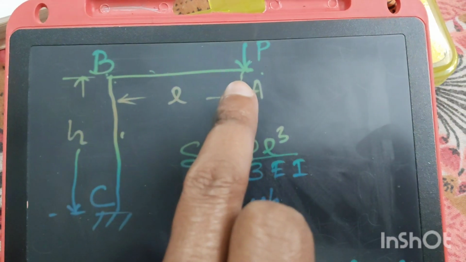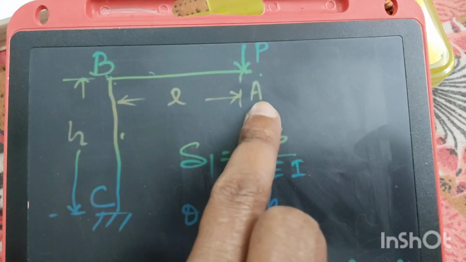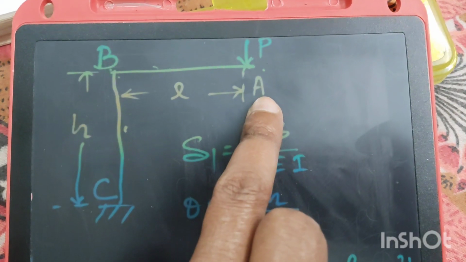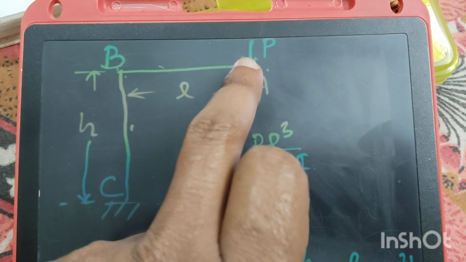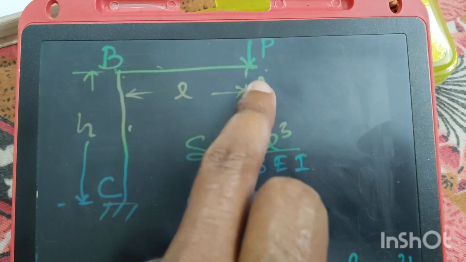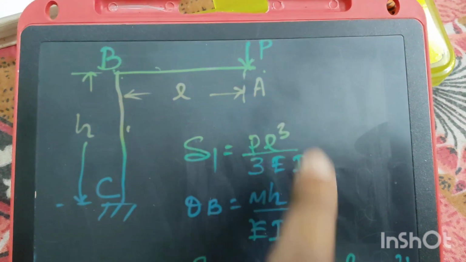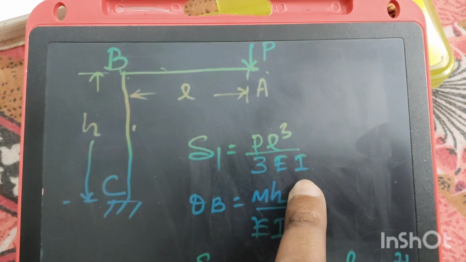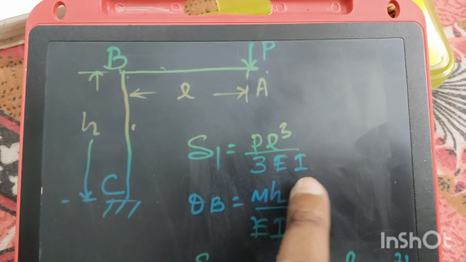Let's assume only the AB part, which is the cantilever part of the frame. Okay, so the deflection under the point load P at the end A will be delta 1 equal to PL cube by 3EI, as you know from the beam deflection formula.